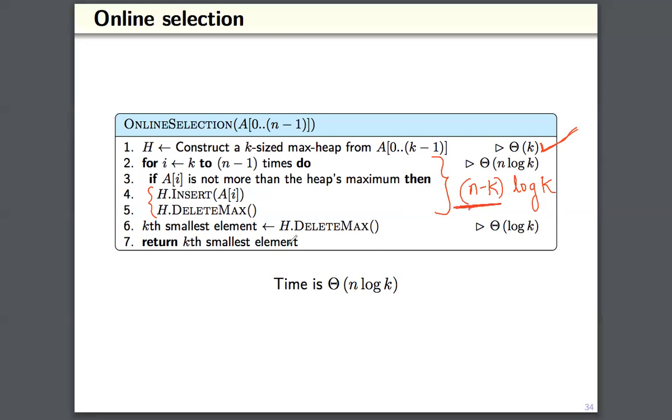So you can say it is upper bounded by n log k. And what about this? Delete max is log k, we don't really care. So what is the total complexity? You can write it as k plus n log k. Anyway, you don't care for this. K plus n log k.